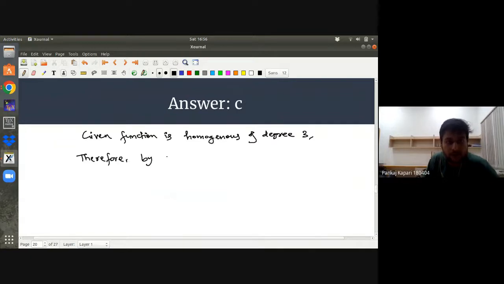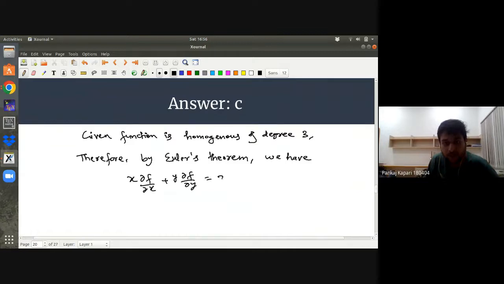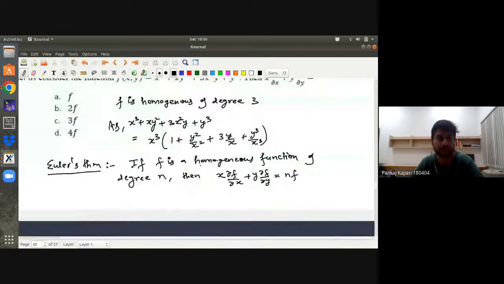Therefore, by Euler's theorem, we have x del f over del x plus y del f over del y is equal to 3 times f. Okay, so option C is correct.